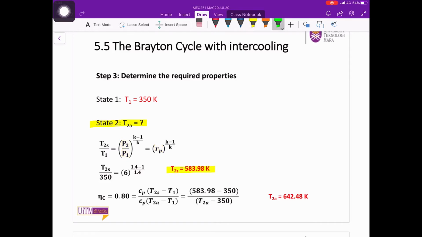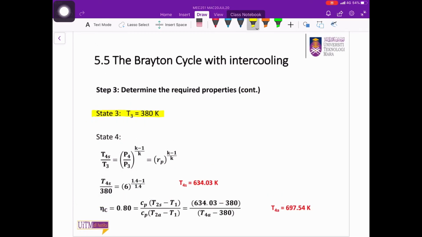Once we obtain the value for the ideal temperature at state 2, next we are going to find the actual temperature at state 2 by using the isentropic efficiency given to us for the compressor, which is 0.8. Now we can have the value for the actual temperature at state 2.